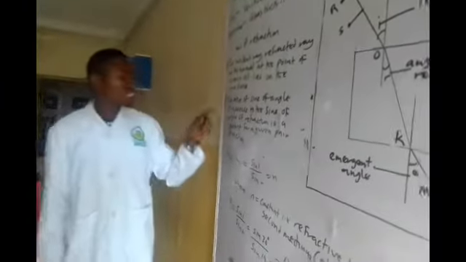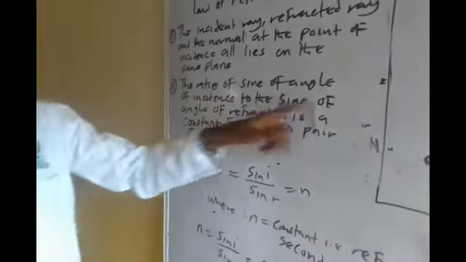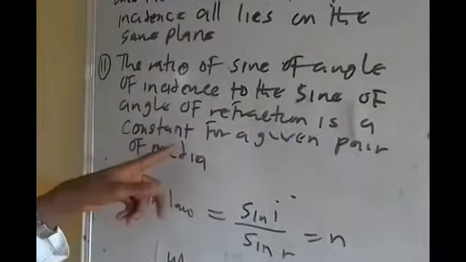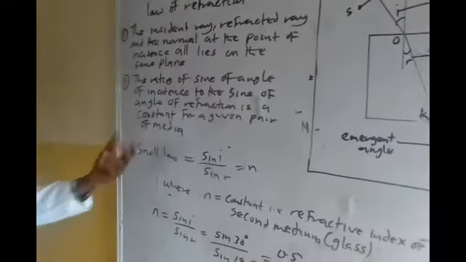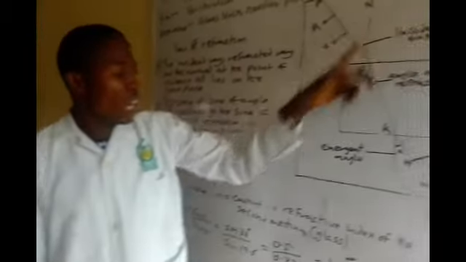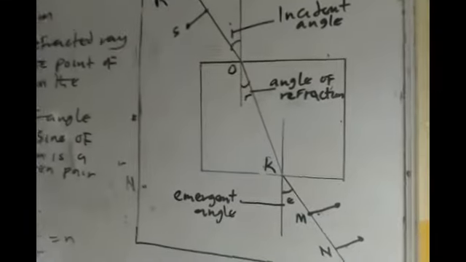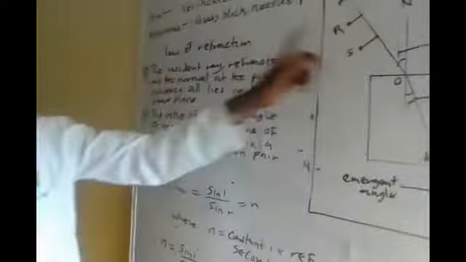The second law says that the ratio of the sine of the angle of incidence to the sine of the angle of refraction is a constant for a given pair of media. Here we are using air and glass.